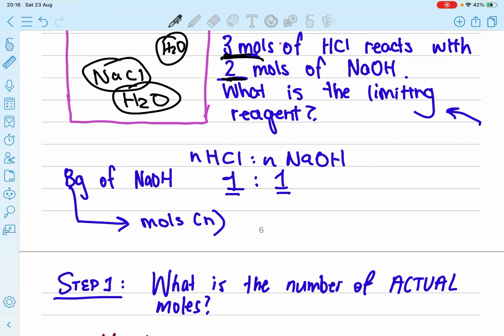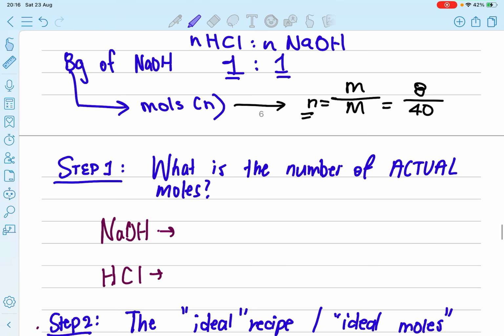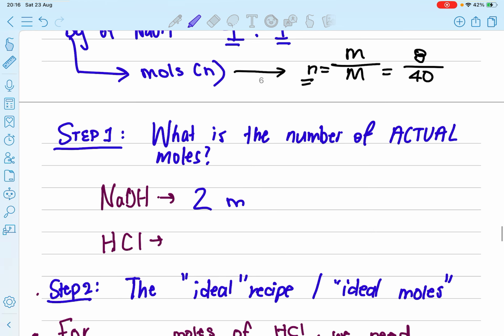If you remember the formula, n is equal to m over M. If you have 8 and you know that this is going to be 40 for sodium hydroxide, you can find the number of moles. Okay, so it's not going to be that simple. It's grade 12. Okay, so now, what is the number of actual moles? For sodium hydroxide, if you look at the question, they tell you you've got 2 moles of sodium hydroxide and you've got 3 moles of HCl. That is the first step. Identify how many moles you have.